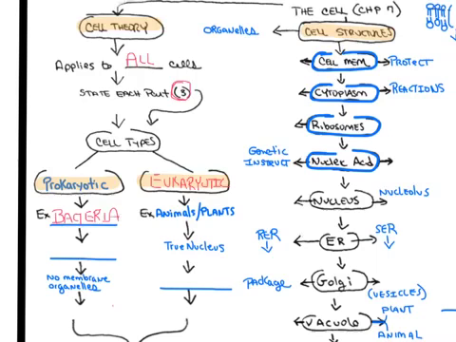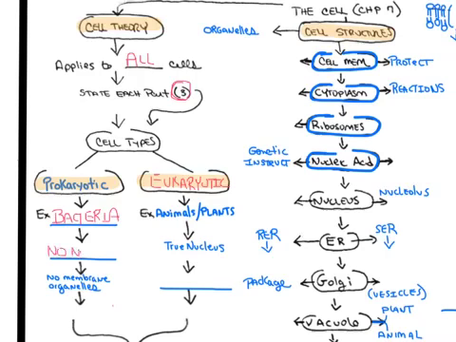There are 2 things that really distinguish a prokaryotic cell from a eukaryotic cell. Eukaryotic cells have a true nucleus, which means that their DNA is protected by a membrane from the rest of the internal parts of the cell. Prokaryotes or bacteria do not have a true nucleus.